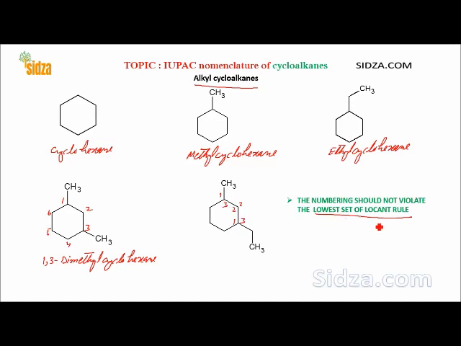So the lowest set of locants is the same, but now since ethyl comes first in the alphabetical order, we give the lowest number to the group which comes first in the alphabetical order. So that's why this numbering is correct, this numbering is wrong, right?